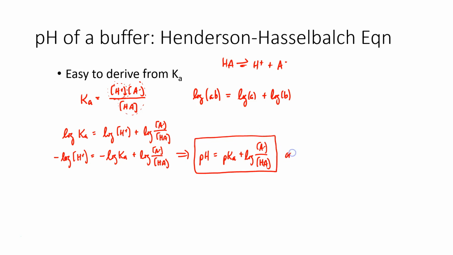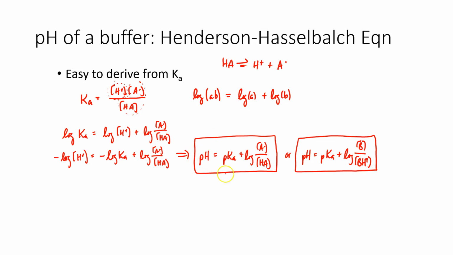And I suppose we could write it in another form if, for example, our buffer contains B and BH plus. That would be pH equals the pKa plus the log of B over BH plus. And this is the form of the equation that we would use if our buffer contained ammonia and ammonium chloride.